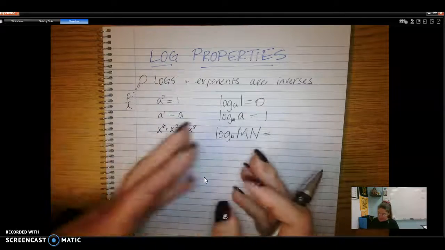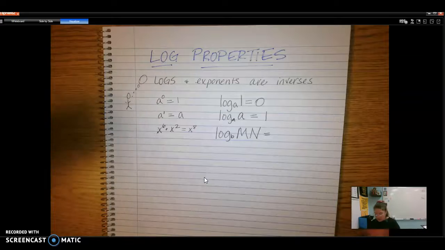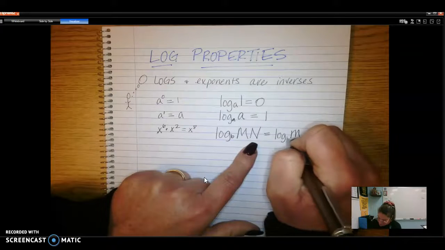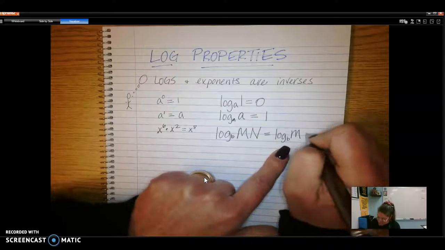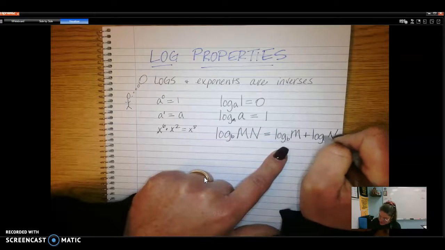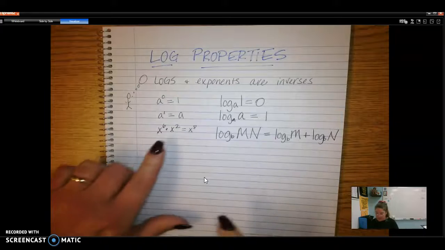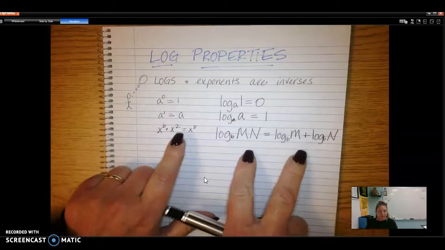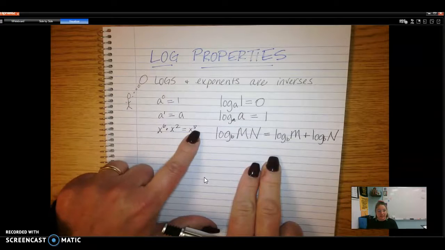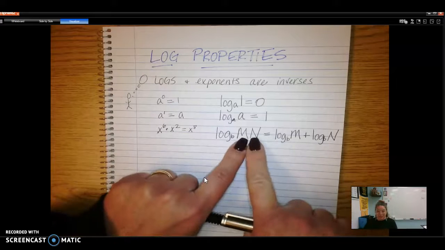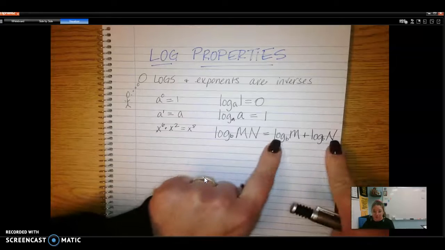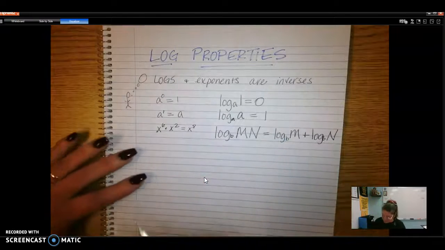So you pull this apart, and you end up doing the log of m with that base, and you add it to the log of n with that base. Okay, so that's what that rule looks like. So this is the idea: it's being multiplied, you add the exponents together. Here's something being multiplied. Remember, logs are exponents, so you pull it apart, you add those exponents.